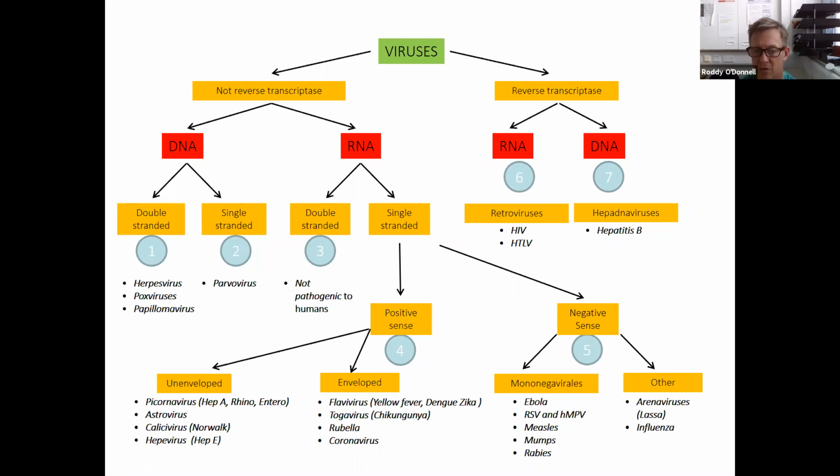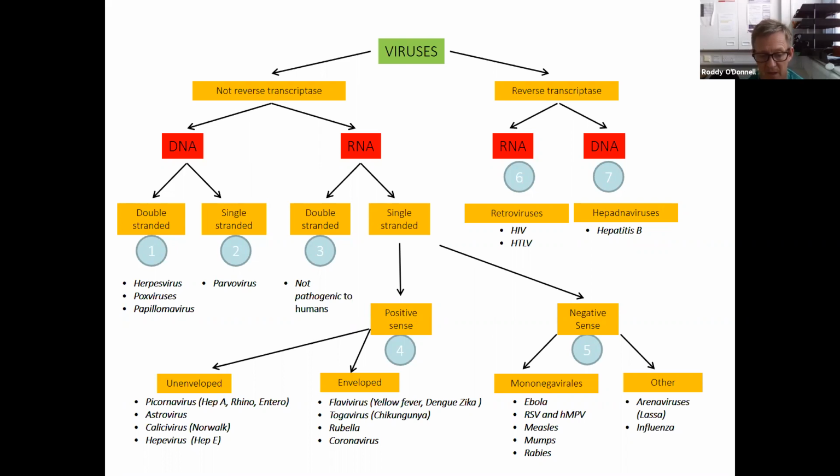And we can then look across the RNA viruses and see which ones are single-stranded, because the double-stranded ones don't appear to be an issue for humans. But the single-stranded RNA could be positive sense RNA or a complementary negative sense RNA, single strand. And if we then look at whether they are enveloped or unenveloped, we can subcategorize them again.